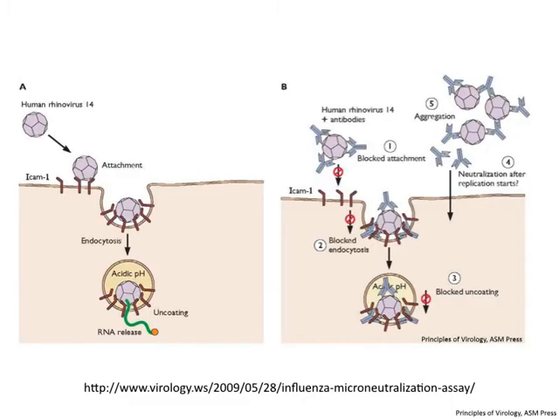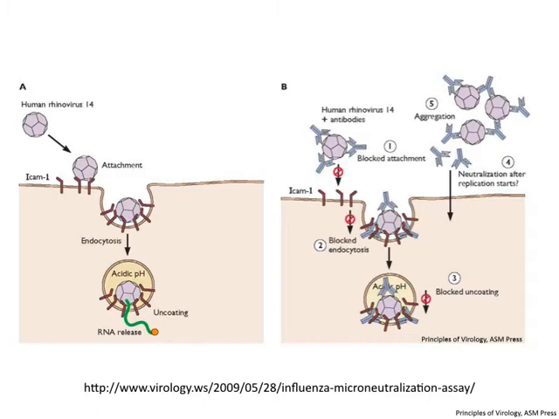And here's another summary of what antibodies can do. You may remember from a while ago that many viruses bind cells and are taken up by the endocytic pathway. And then low pH leads to RNA release. Well, antibodies, neutralizing antibodies, can interfere with some of these steps. So here on the right, you can see this virus particle is coated with antibodies, and they are blocking attachment of the virus to the receptor. They're blocking the attachment sites.